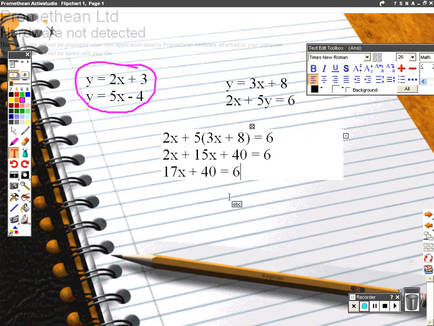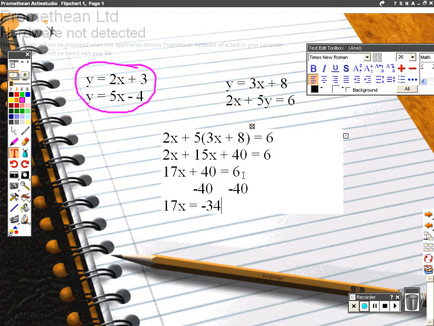Now I need to solve for x, so I'm going to subtract 40 from both sides, and I end up with 17x equals negative 34. Then I'm going to divide by 17, so x equals negative 2.